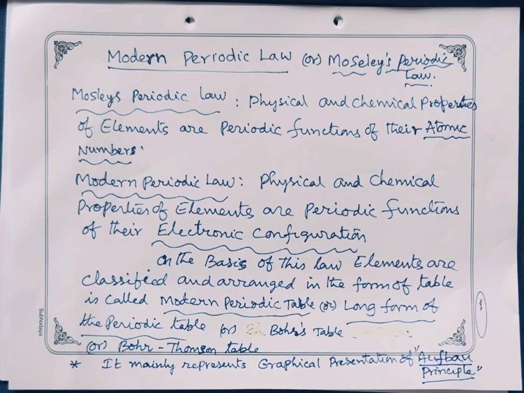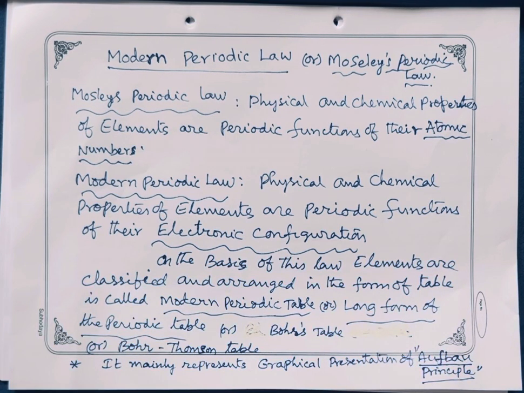If you write the electronic configuration properly, you can know the valence shell and valence electrons. You know valence electrons are the cause for the chemical and physical properties. That is the reason physical and chemical properties are dependent on atomic numbers or electronic configuration.